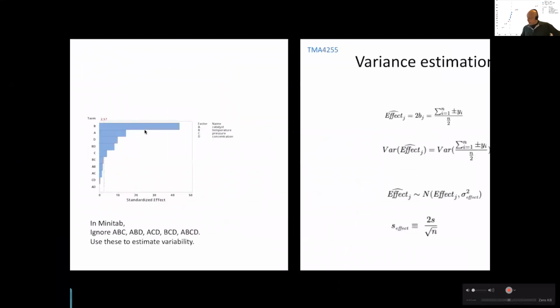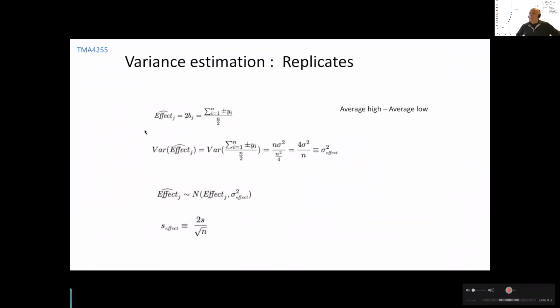Okay, the other way to estimate variance is to look at the connections here and go on the term directly, the replicate information. So then we have to be careful. What is the replicate variance?